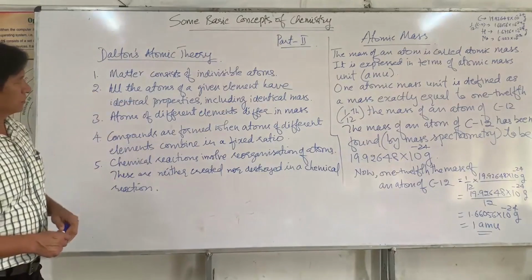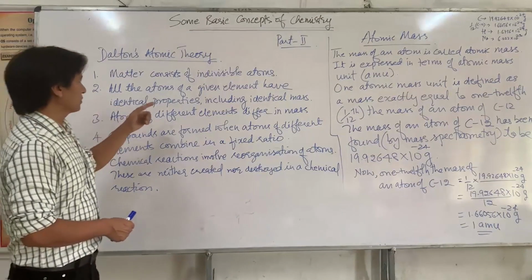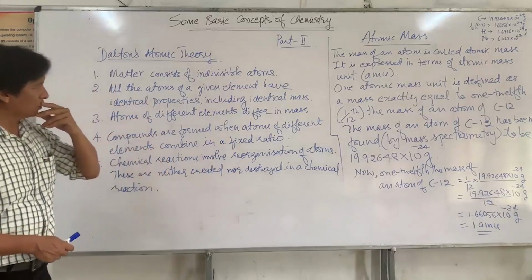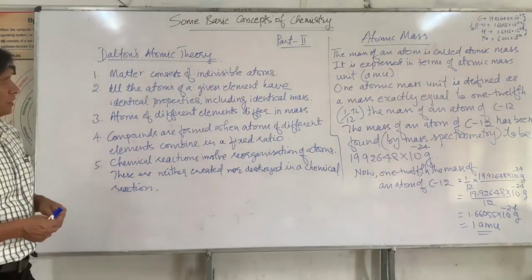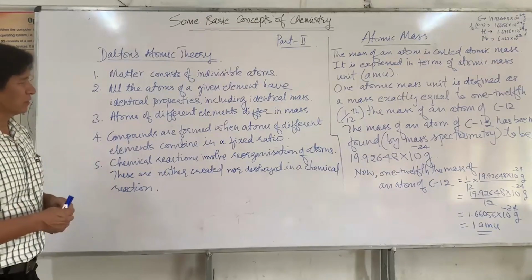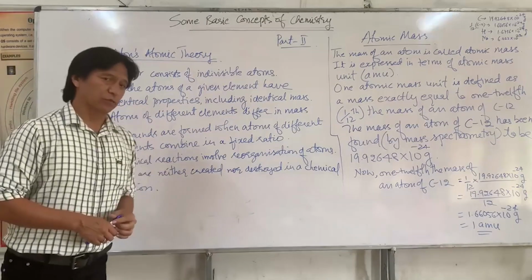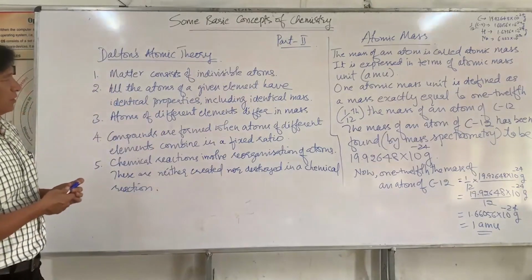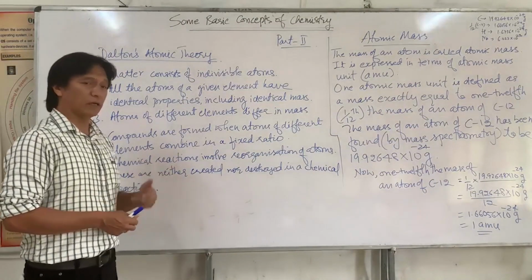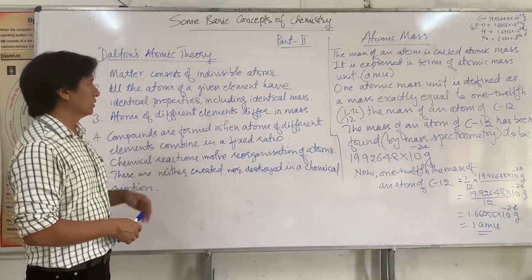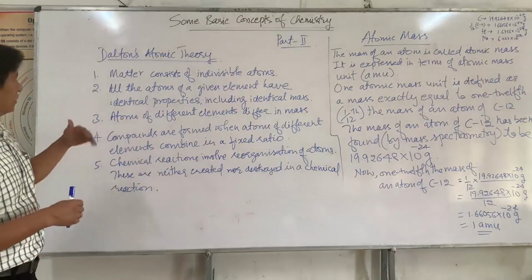Even this point has its limitations, because today it is known that even atoms of the same element can have different masses. These are called isotopes. Like, for instance, you have isotopes of carbon 12, 13 and 14. These are different masses. So this is again a limitation of Dalton's atomic theory.